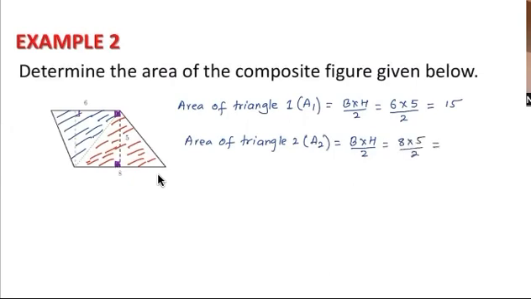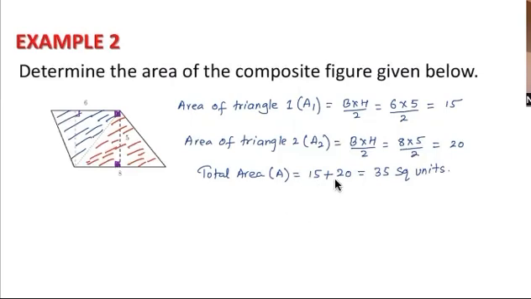So 8 divided by 2 is 4, times 5 is 20. So the total area is equal to 15 plus 20, that is equal to 35 square units.